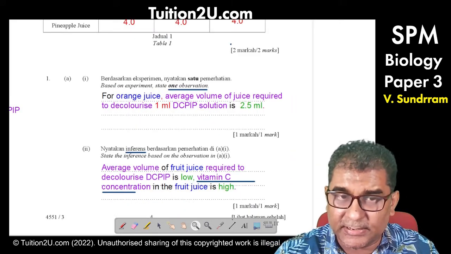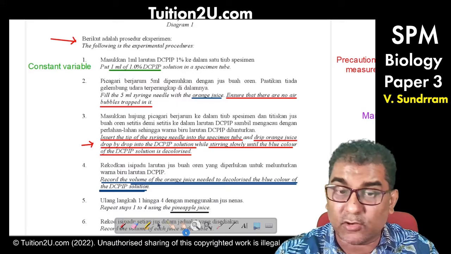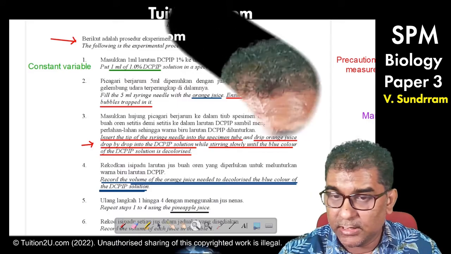Another question that many students are concerned about is, what if it's an unguided question? If it's an unguided question, you need to explain to the examiner how you conduct the experiment. They give you 4 marks.